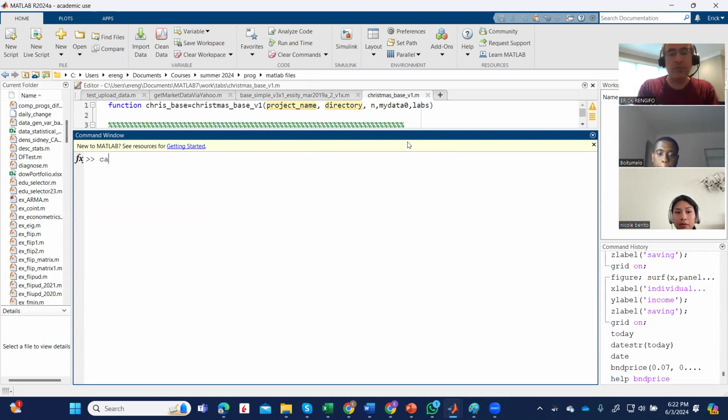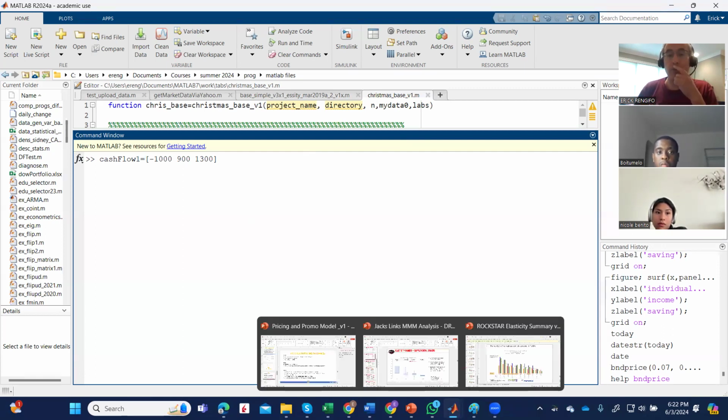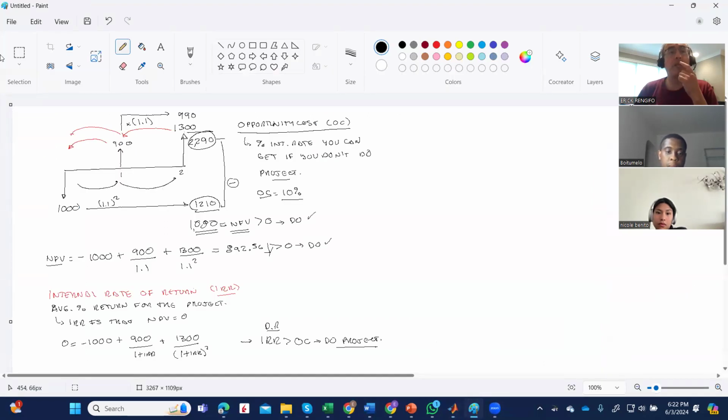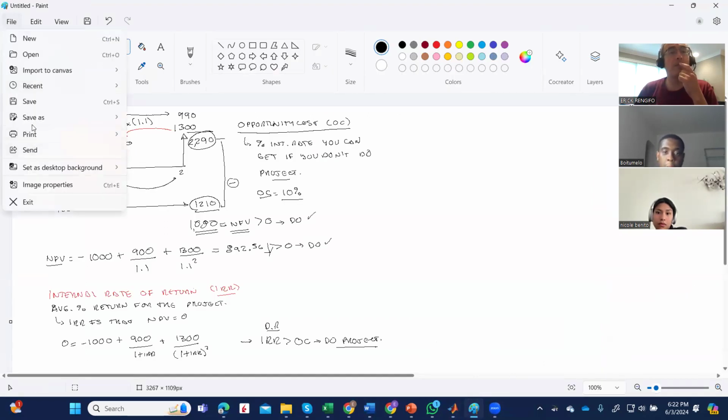I'm creating a variable, guys. Let's call it cash flow 1. MATLAB always understands matrices or vectors, okay? So I said this was going to be minus 1,000, the first one was 900, and the second one was 1,300, correct? Let me check just to be sure that we get the same numbers. 900, 1,300, yes. So let me save this one here.